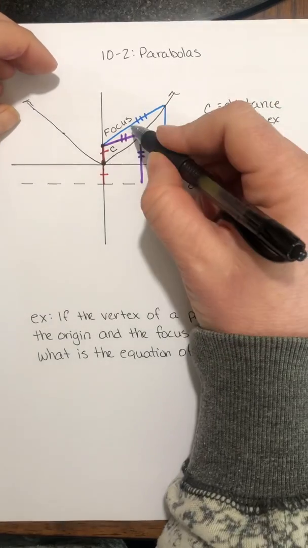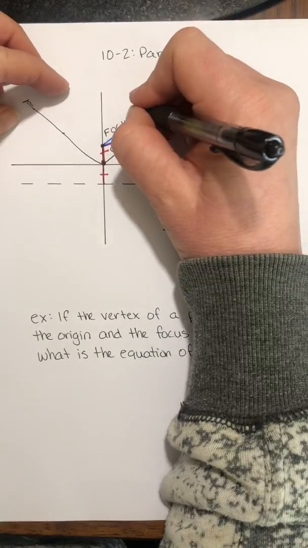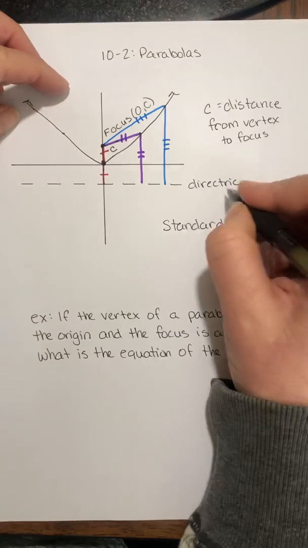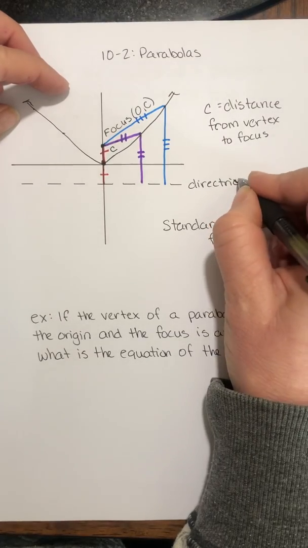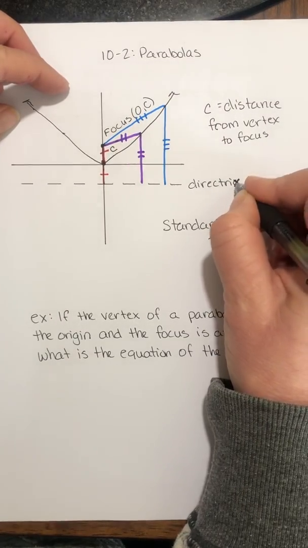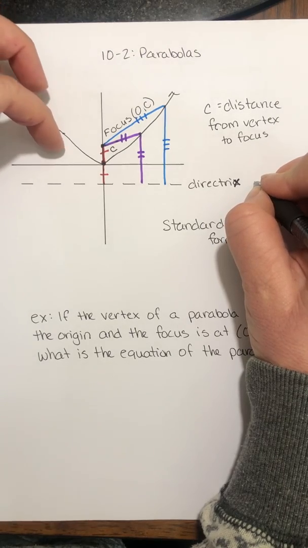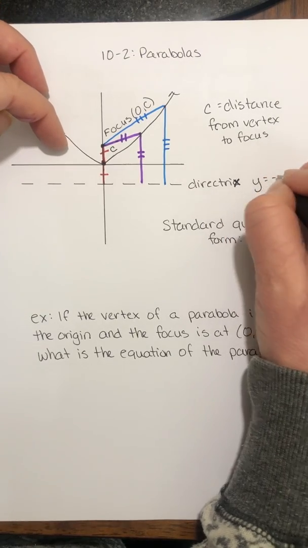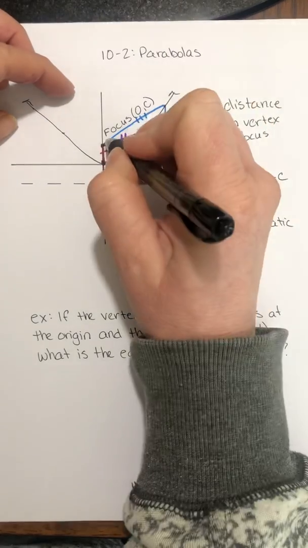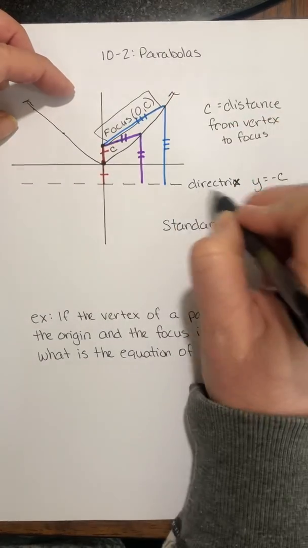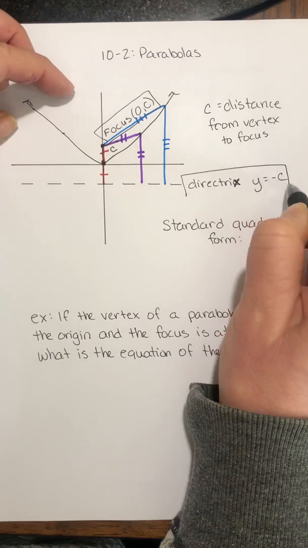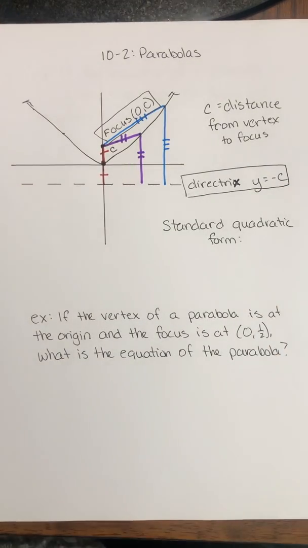So that means that this focus right here is at the point (0, C), and the directrix, it's directrix, not directric, is the line y equals -C. So this focus and the directrix are really important parts of the graph of the parabola.